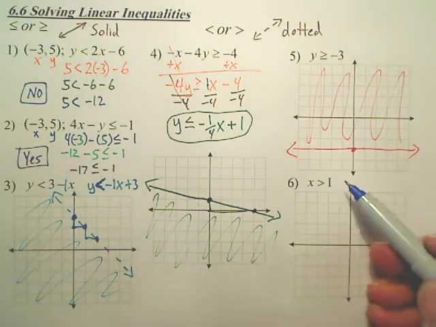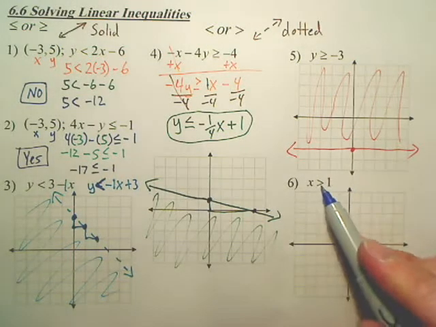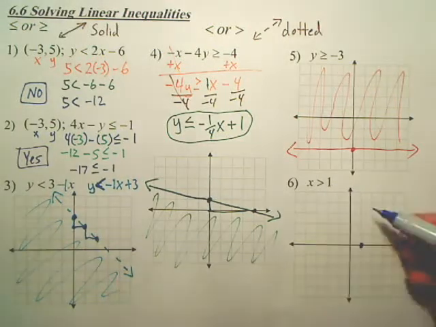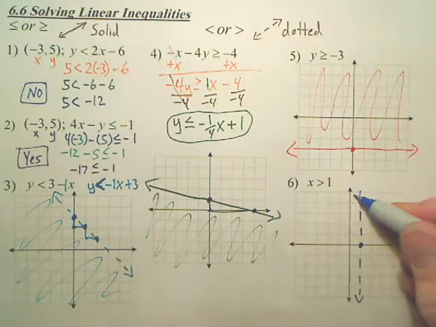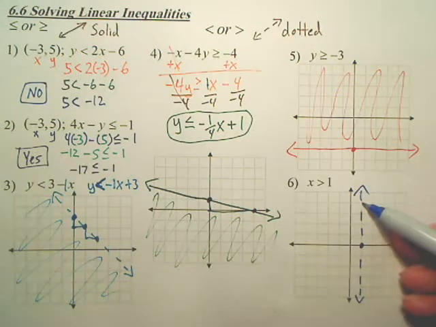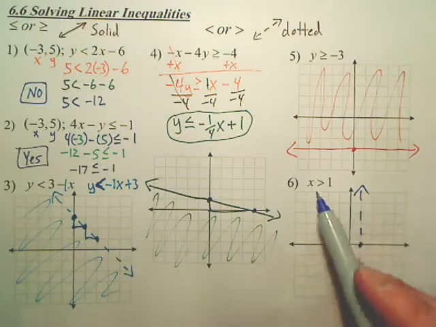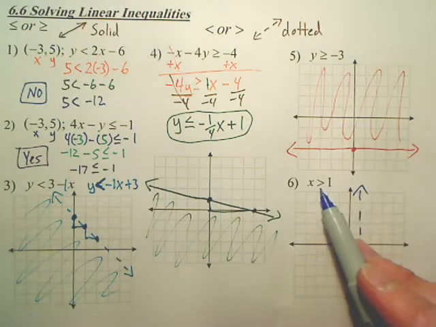That's the next question. This one, x is 1. Doesn't x equal 1 right there? X is greater than 1. So for the whole line, I have a dotted line, x equals 1. X is 1 all along that line, and it's dotted because it's not or equal to. Now, it's greater.